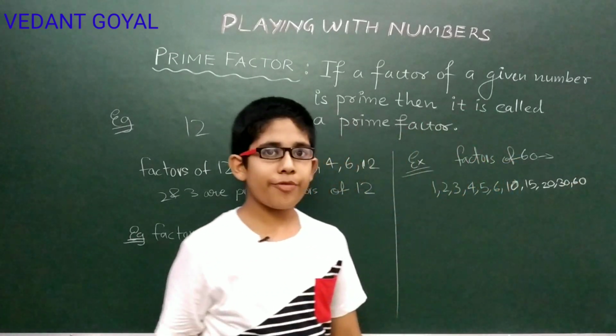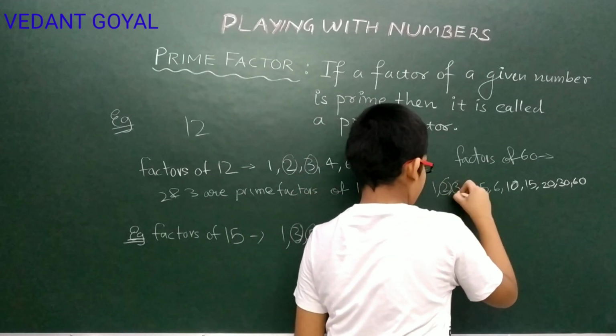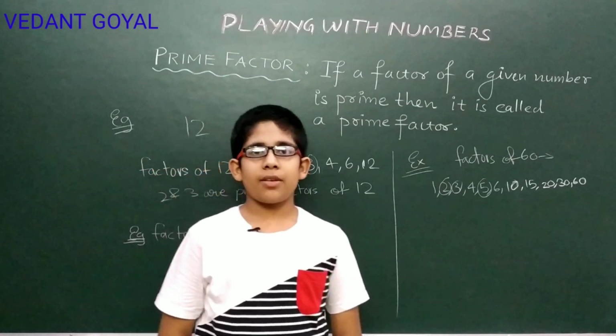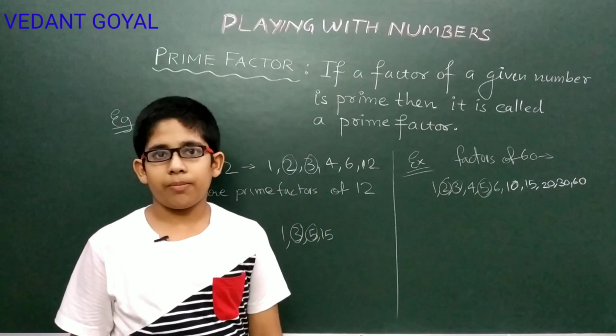So what are the prime factors here? They are 2, 3 and 5. So prime factors are very simple. They are the factors of a number which are prime.